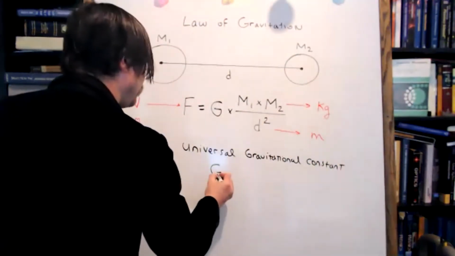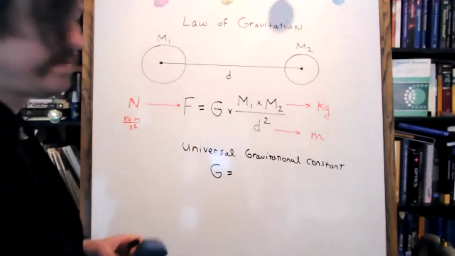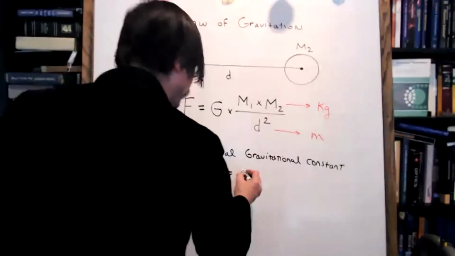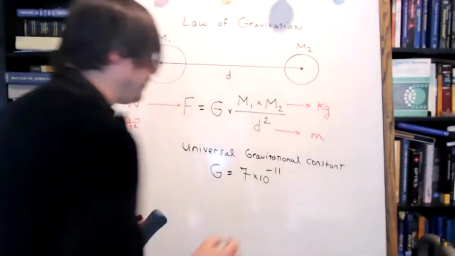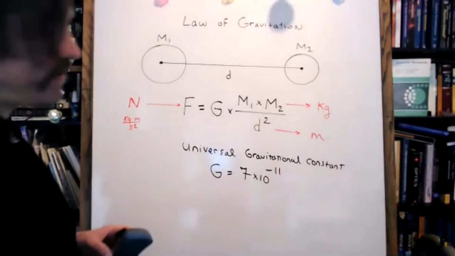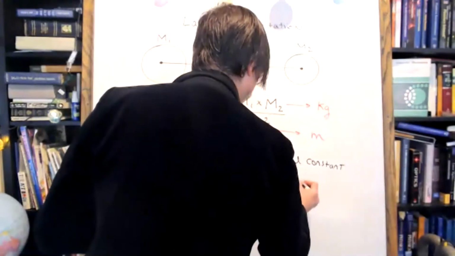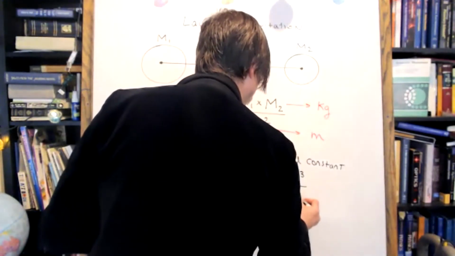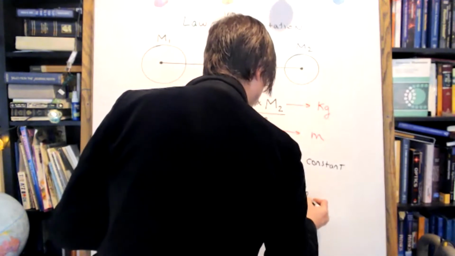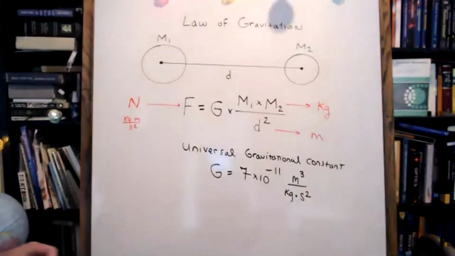It gets its own letter, big G, and it has a value of 7 times 10 to the negative 11th power, and the units are meters cubed per kilogram per second squared.